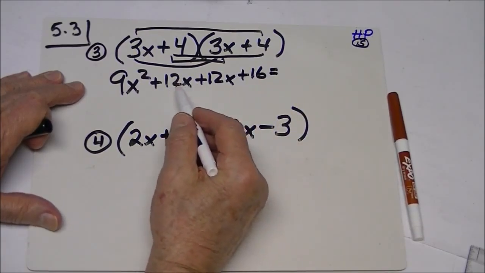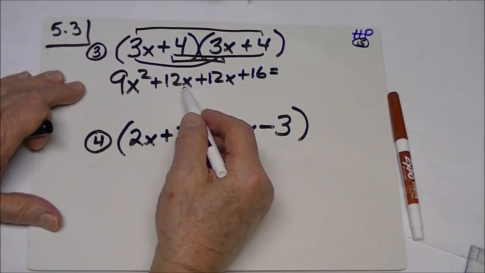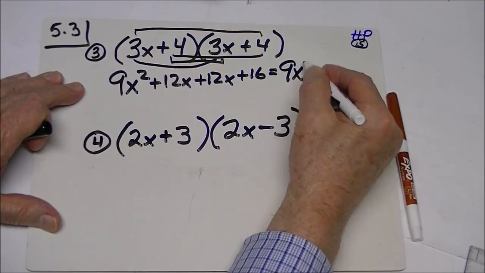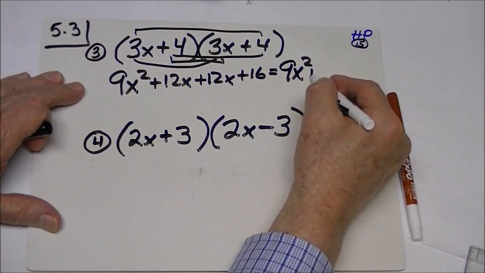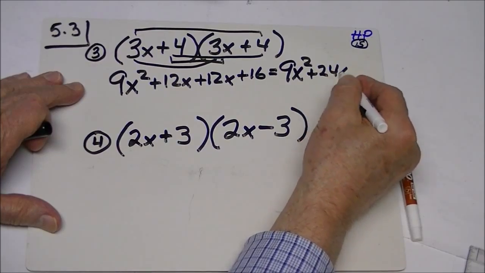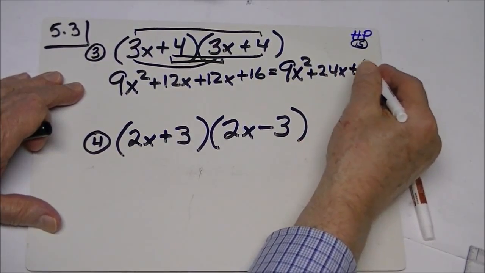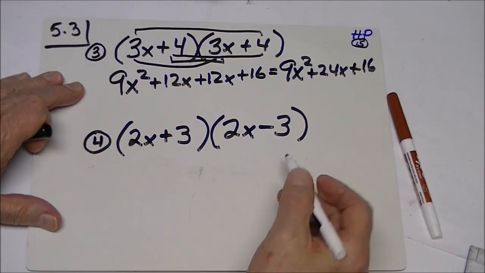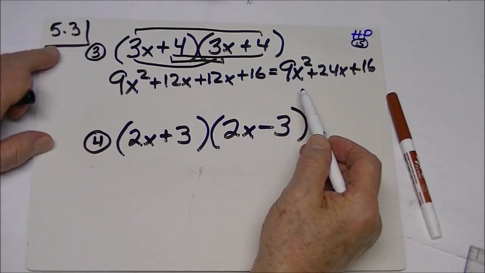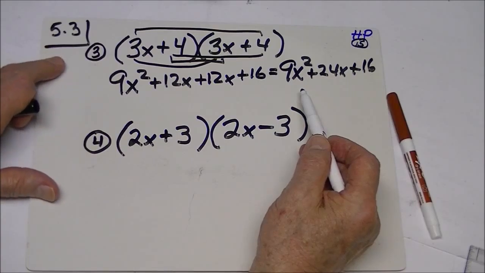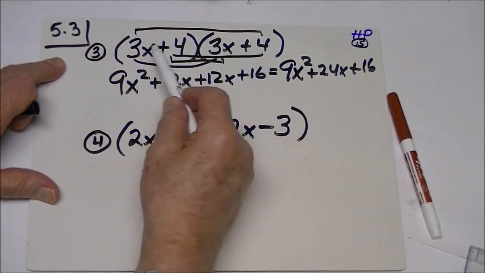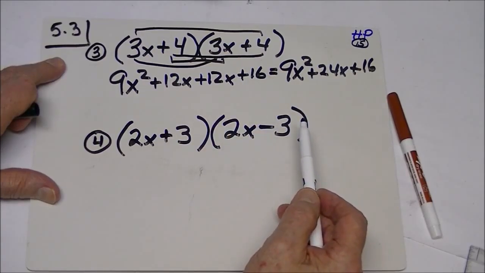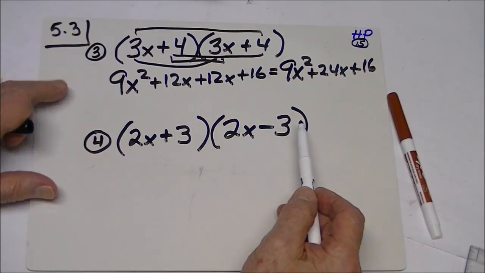Again, our middle terms are like terms, so we end up with 9x squared plus 24x plus 16. Now in our next lesson, 5.4, we're going to give you a special way to do these, but right now we're just using the FOIL.